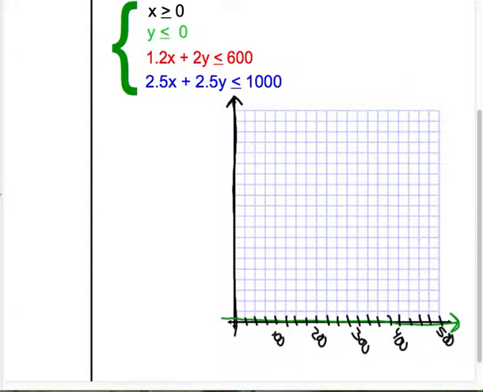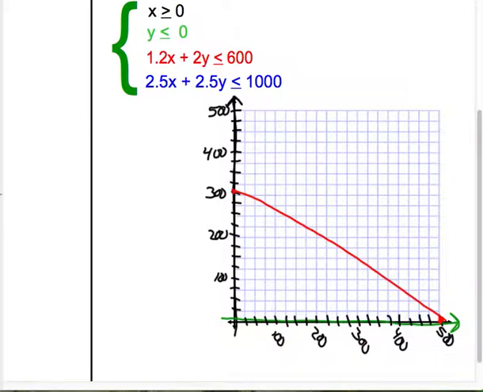All right, so my red x-intercept is at 500. 600 divided by 2, of course, gives us 300. So I'm going to go ahead and scale my other axis. And that would be 300. And this is an or equal to, so I can make this a solid line.